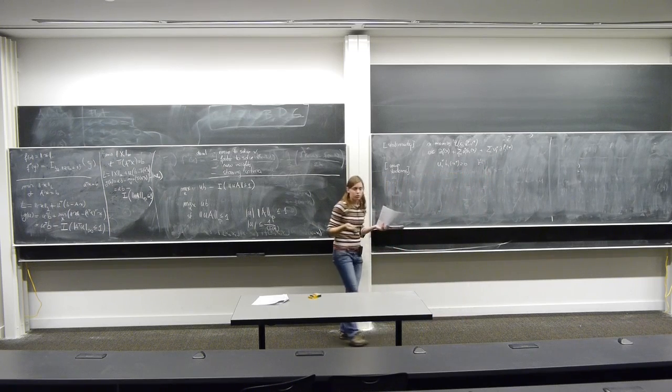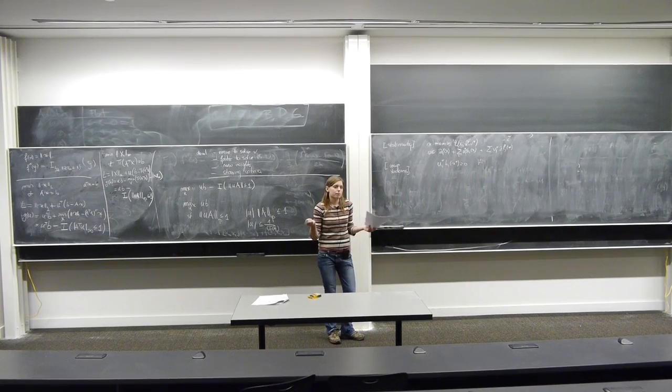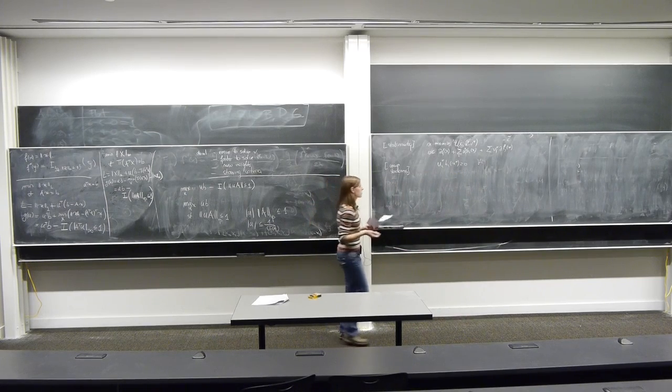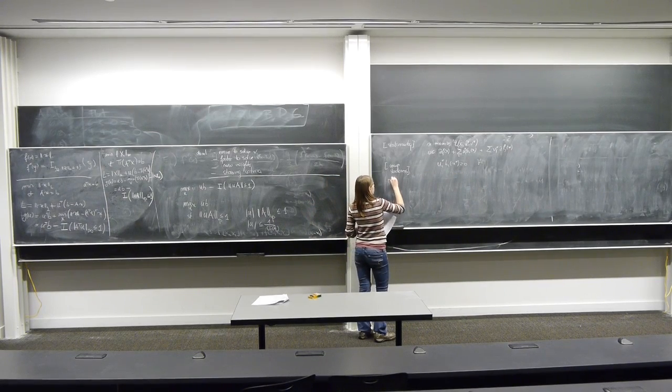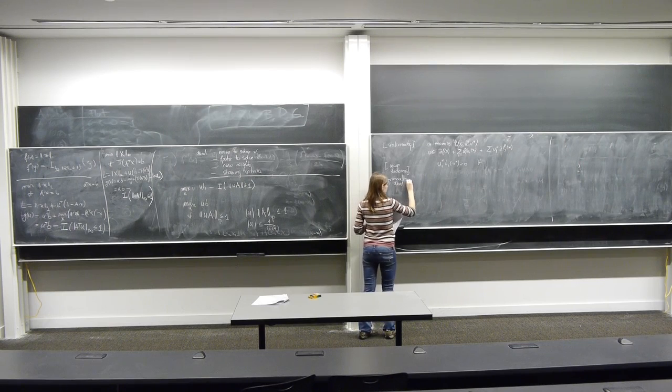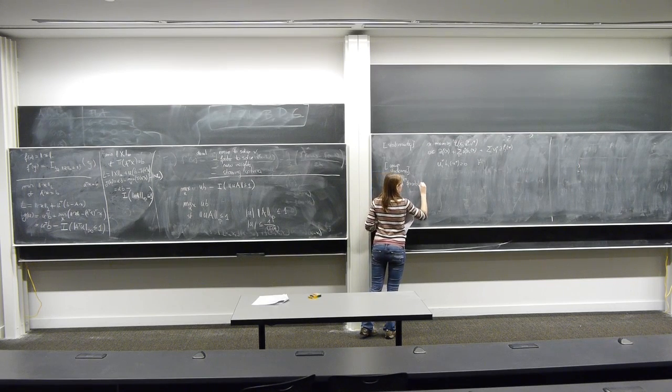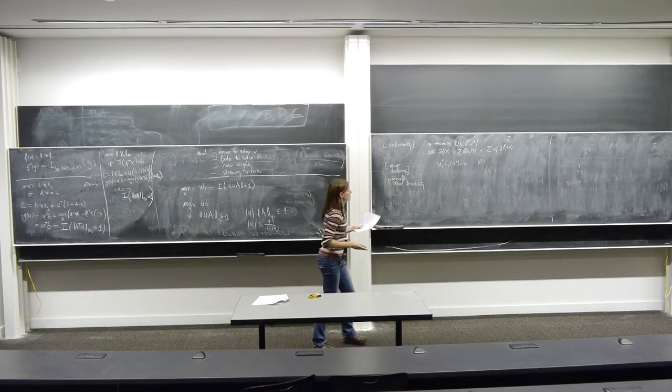And then we have primal and dual feasibility because, by definition, if they're solutions, they should be primal plus dual feasible.